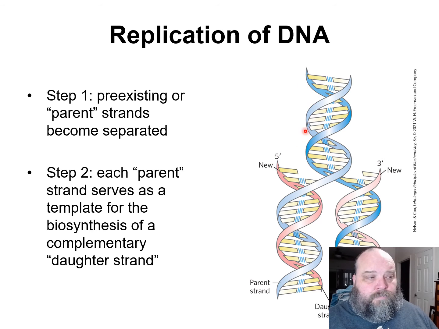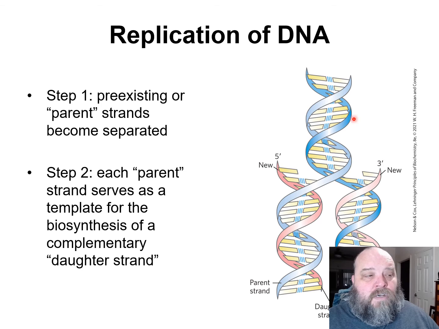The original double helix will be pulled apart by enzymes. Enzymes will pull it apart just enough so that DNA polymerases, specifically DNA-dependent DNA polymerase, can come in and start reading the blue, which is the original, and making the new, the red ribbon.